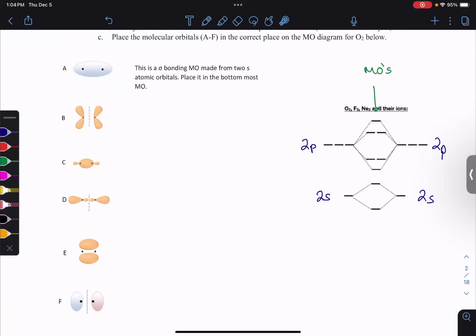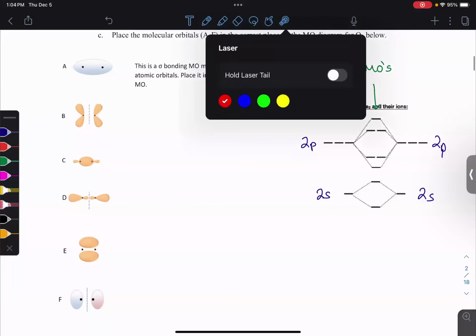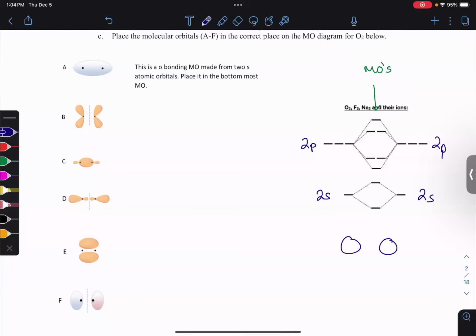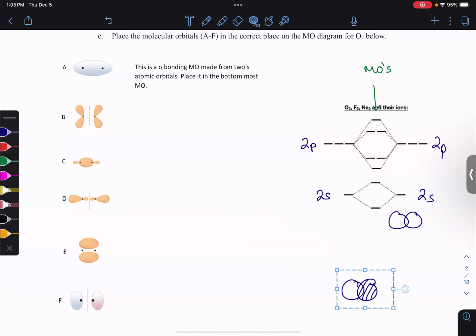So what you see here is that these two s orbitals, these two atomic orbitals, can combine two different ways. They can combine constructively or destructively, where they're out of phase. So we see here two different combinations, where this first combination is our bonding orbital and the second one is our anti-bonding orbital. So here we have sigma and sigma star.